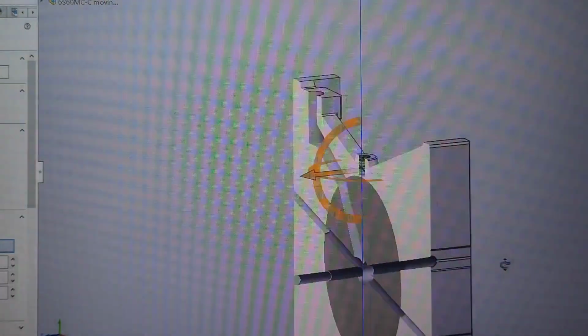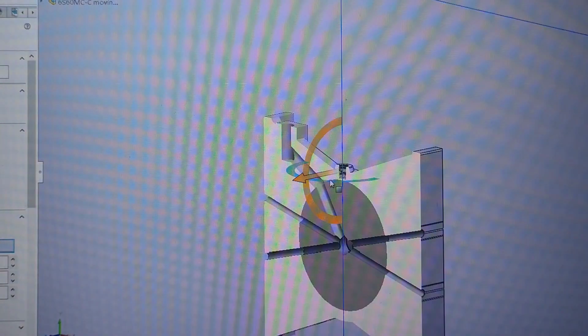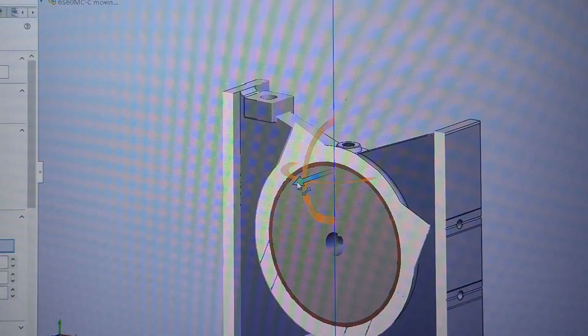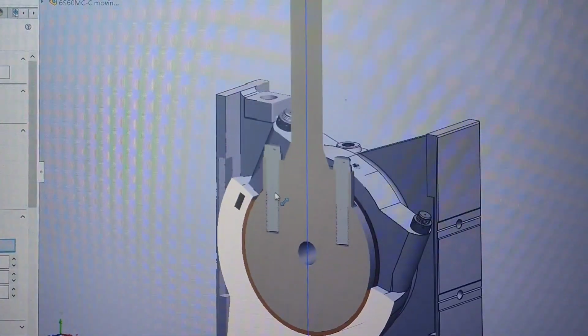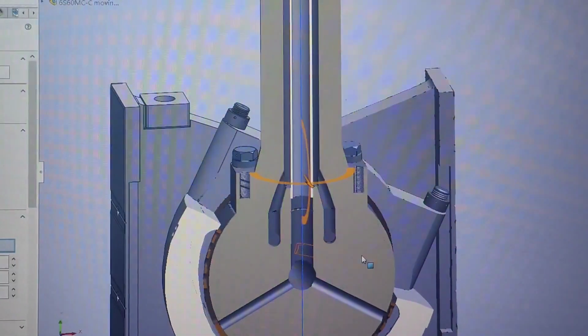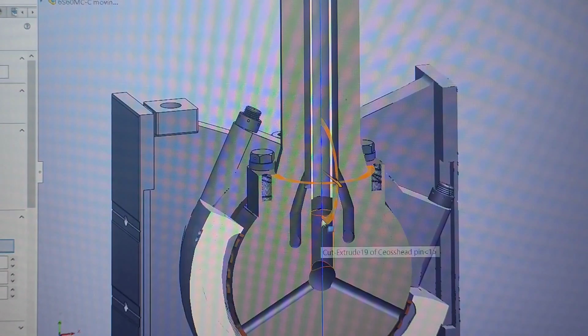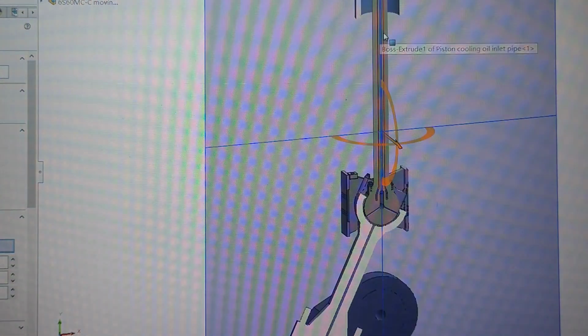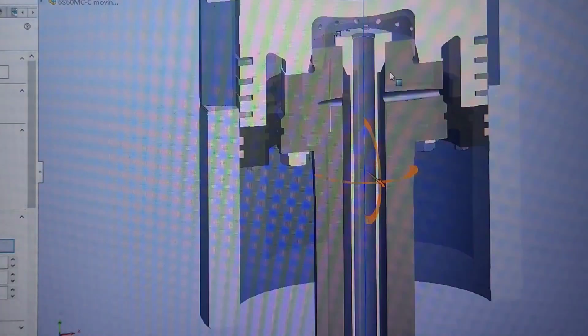There are several holes for the lubricant. Along this hole, when it goes to here, the lubricant will go upward into this center pipe of the piston rod and go into the piston.